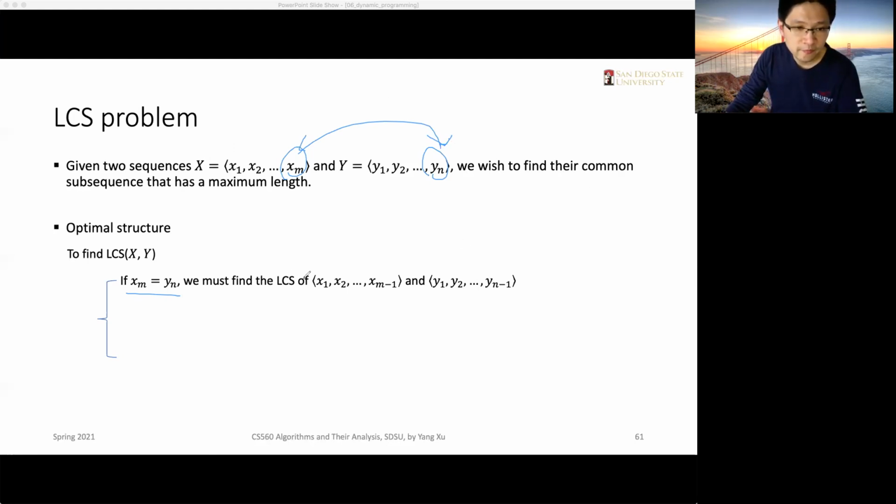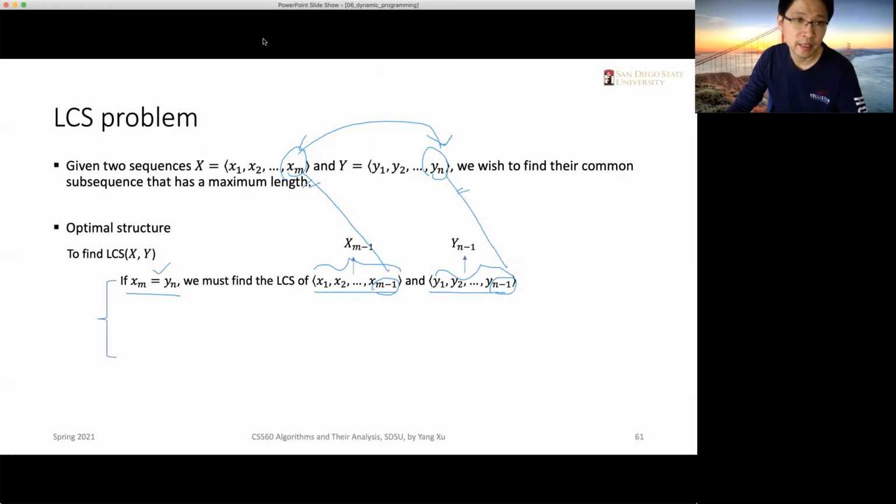So if this is the case, then we must find the longest common subsequence of two shorter sequences, which are x1 to m minus 1, and y1 to n minus 1. We exclude xm and yn because we are sure that they will be included in the LCS. So all we need to focus on is the smaller segments, the sequences that are one element shorter than the originals.